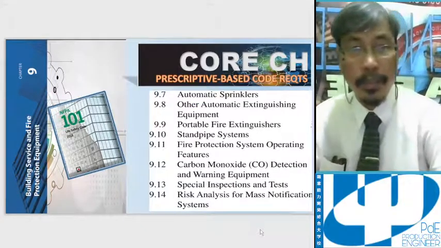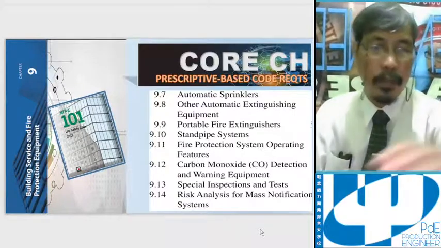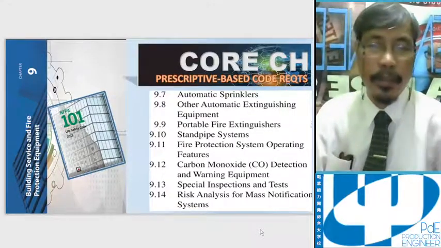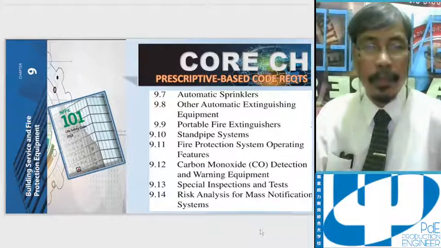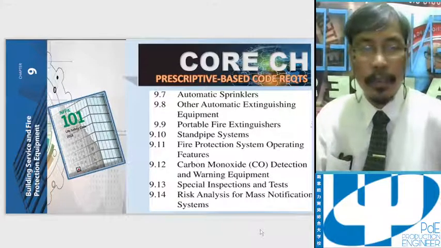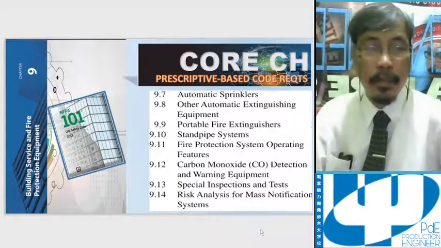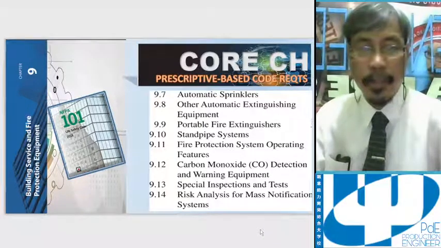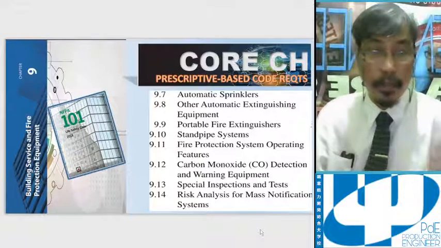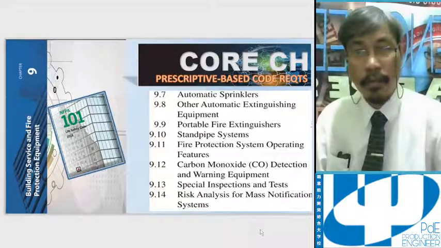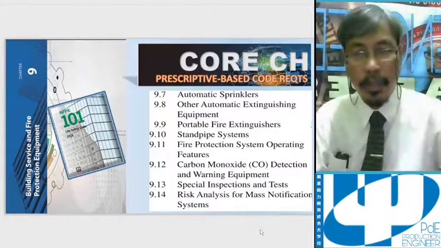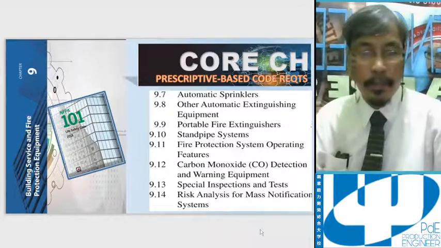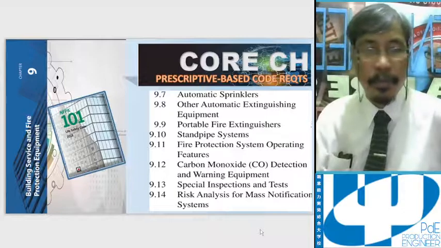Automatic sprinklers. So that is 9.7. 9.8, other automatic extinguishing equipment. Portable fire extinguisher. Portable. Those red cylinders that we usually see. Standpipe systems.